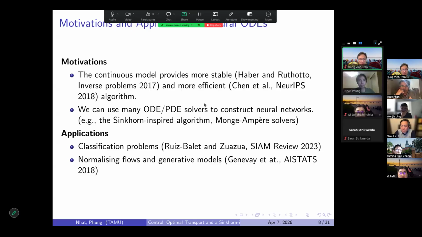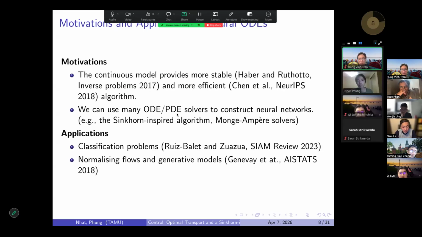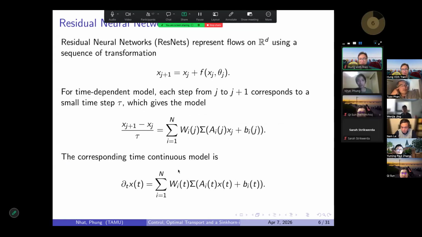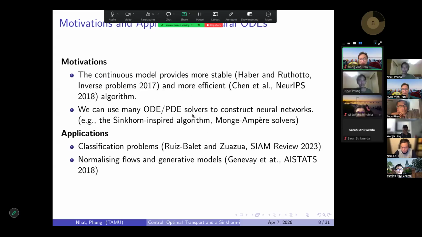They provide an algorithm with this model, saying that it is better compared to just doing the discrete setting. One reason is that they can use another solver to solve the problem rather than just the discrete solver. So one advantage of considering this model is that we can have other solvers to use here.